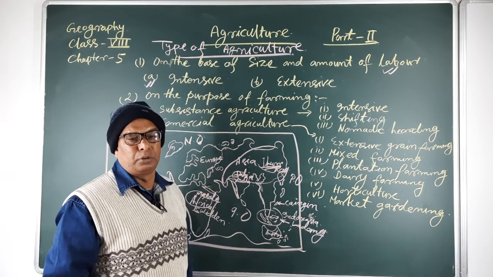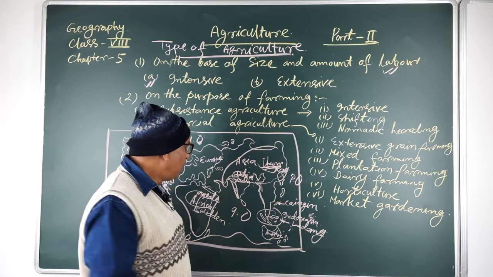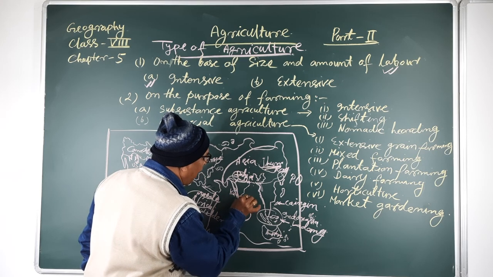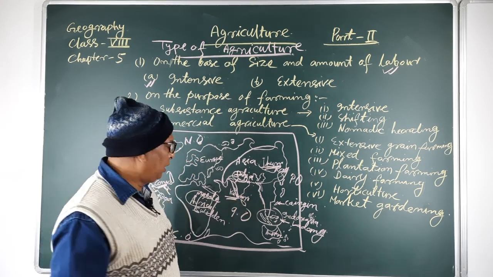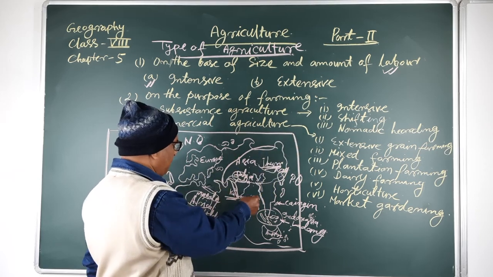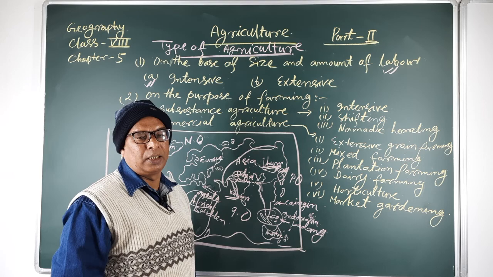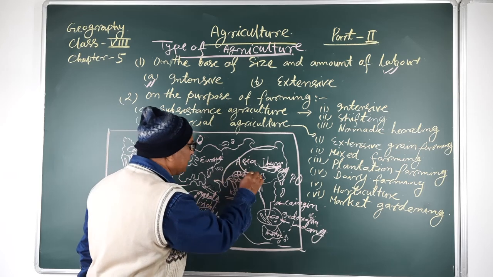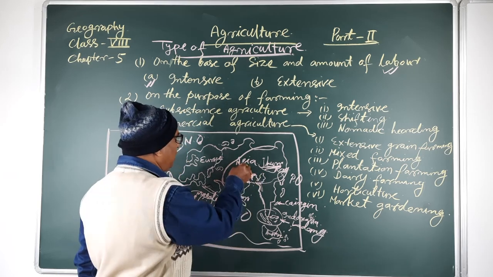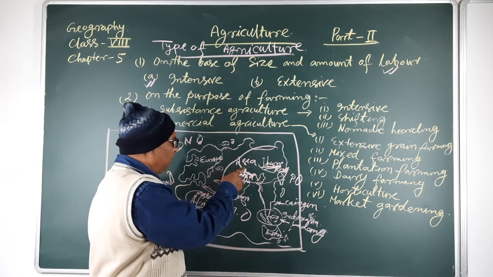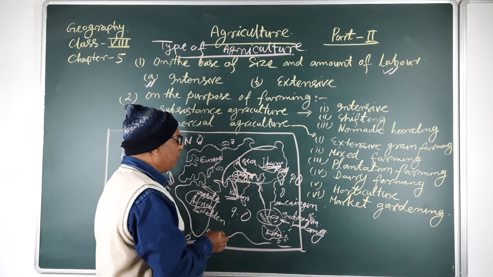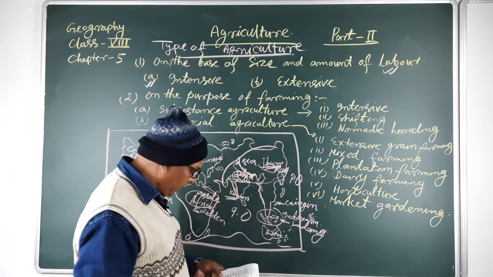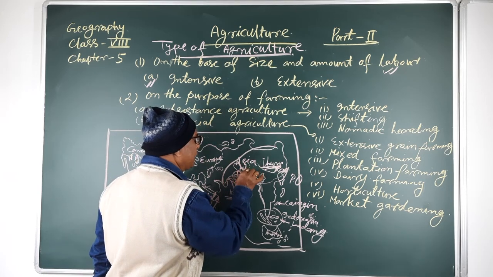This area, the Western Ghat area, is known as Kumari, K-U-M-A-R-I, a nomadic and shifting agricultural farming practice. But the Himalayan belt, under which are Uttarakhand, Himachal Pradesh, Jammu and parts of Jammu and Kashmir, Punjab, Haryana, UP, and Bihar, in this region it is known as Khil, K-H-I-L.